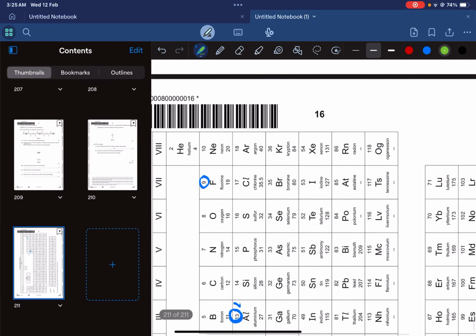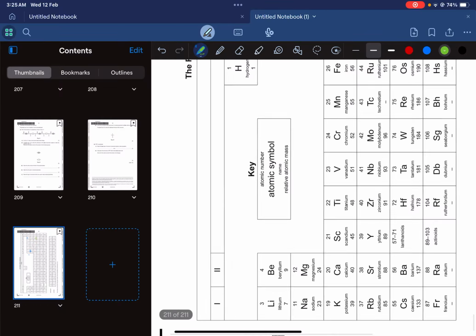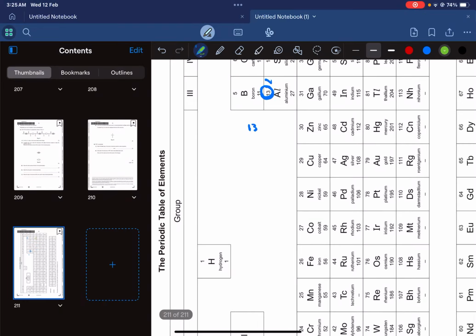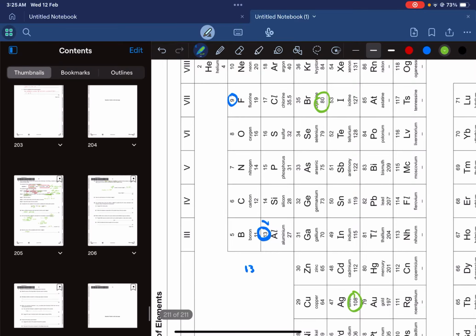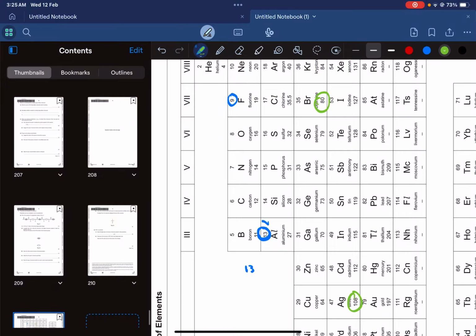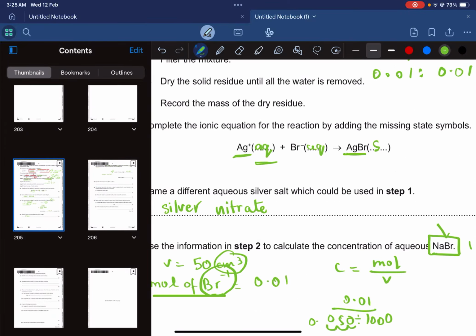For Br it's gonna be 80, and for Ag let's search it out, 108. So it is 108 plus 80, and that is gonna give you 188.